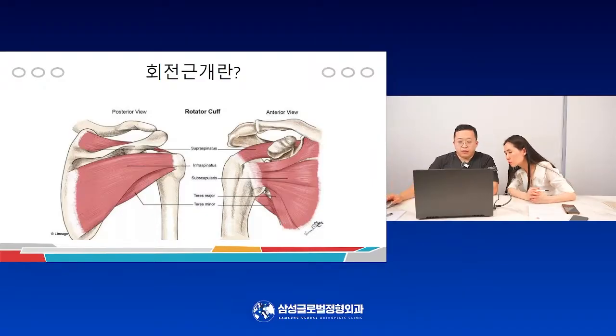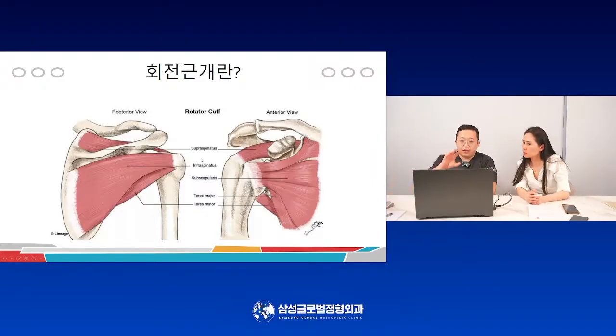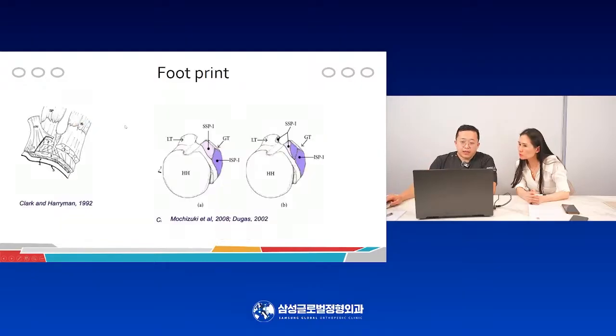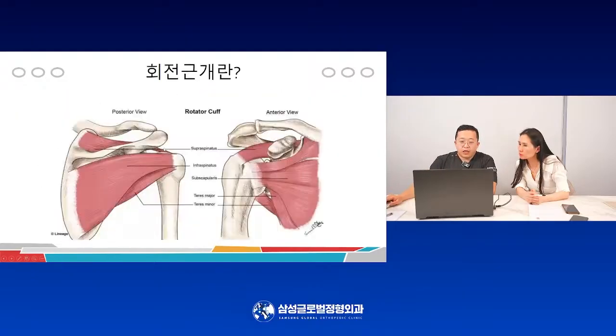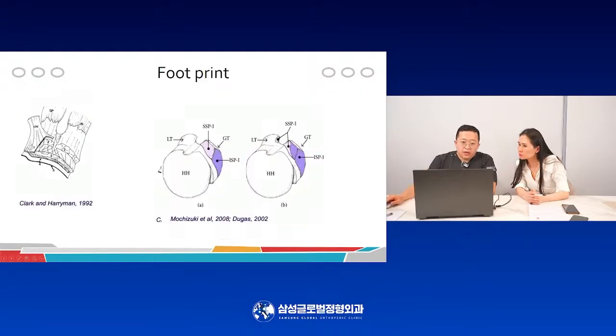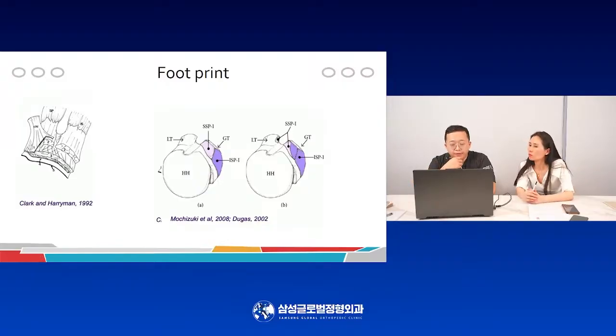They make up the rotator cuff. So these four tendons are coupled with the humeral head. With that, the humeral head can be stabilized, okay? Doctors call that the footprint, and that means the attachment site of the rotator cuff.